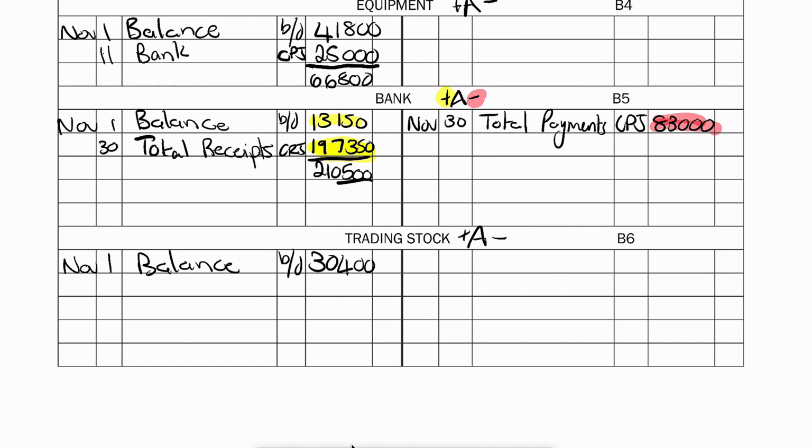This is assuming we have no expenses. However, we do have 83,000 Rand worth of expenses. So we need to take across our 210,500, the money we would have had if there were no expenses. And we minus our 83,000 Rand worth of expenses, which would leave us with a bank balance of 127,500 Rand. This becomes our balance carried down.